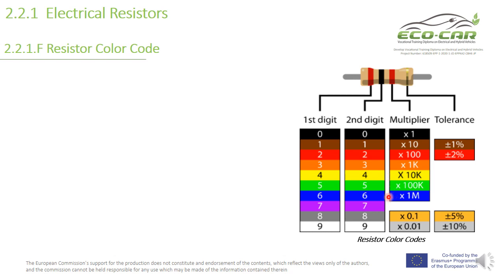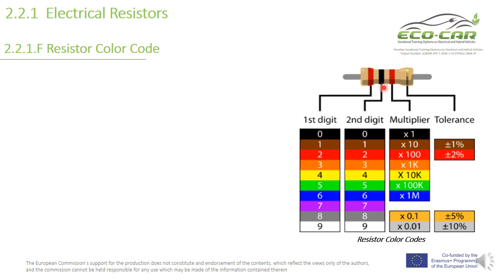So this is for the multiplier. I mean also there is the number of zeros. For example, this color means 4 zeros. This green color means 5 zeros. If this color is gold, it means multiply by 0.1. The silver multiply by 0.01.